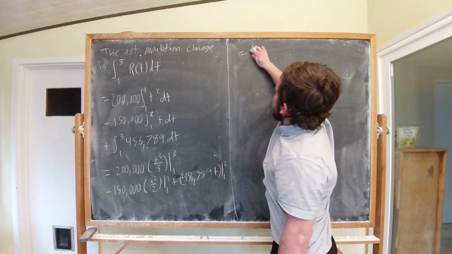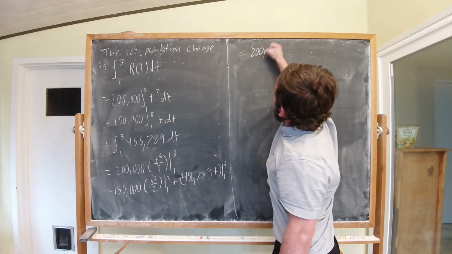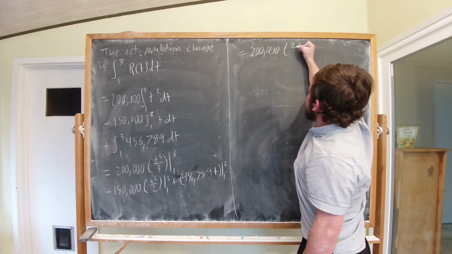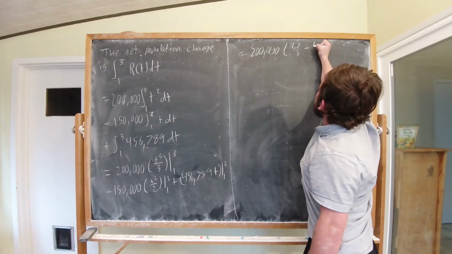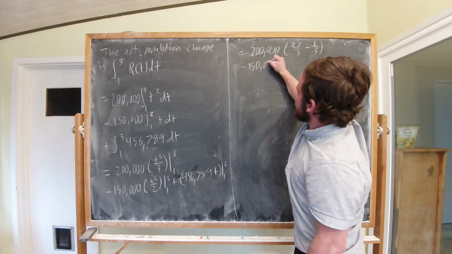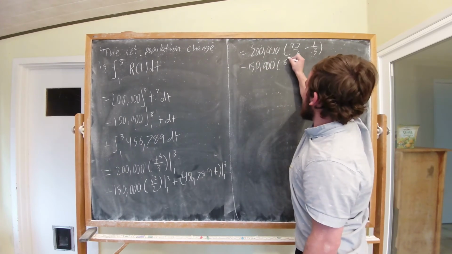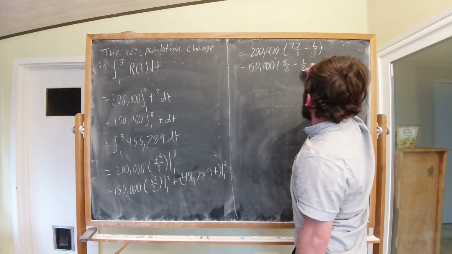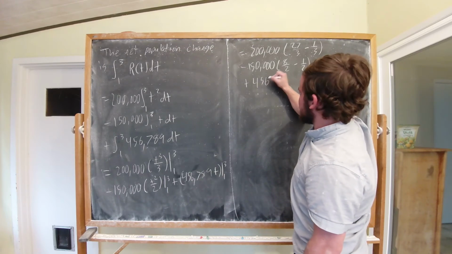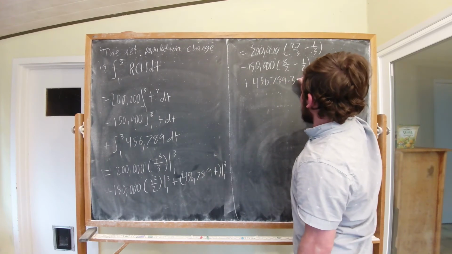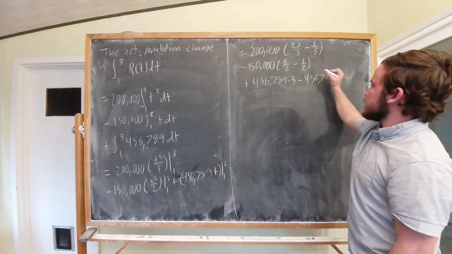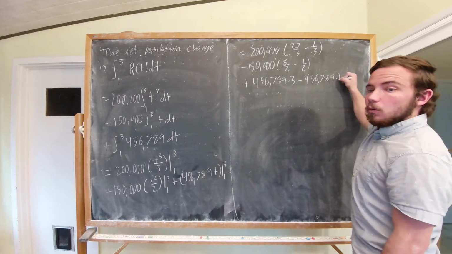All right, so that's 200,000 times 27 thirds minus 1/3 minus 150,000 times 8 halves minus 1/2 plus 456,789 times 3 minus 456,789 times 1.